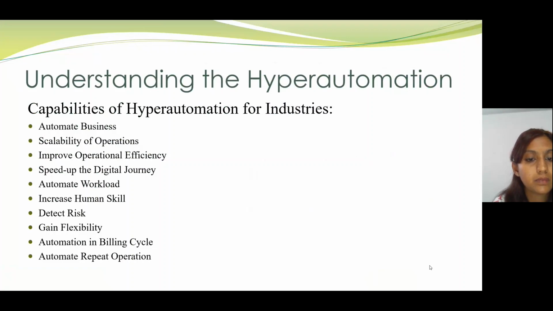Coming to automate business, hyperautomation is not only a potential opportunity for a business, but also an inevitable change. And for scalability of operations, a crucial part of hyperautomation is integration. So for scalability in operations, several automation technologies must work in harmony. And then improve operational efficiency.